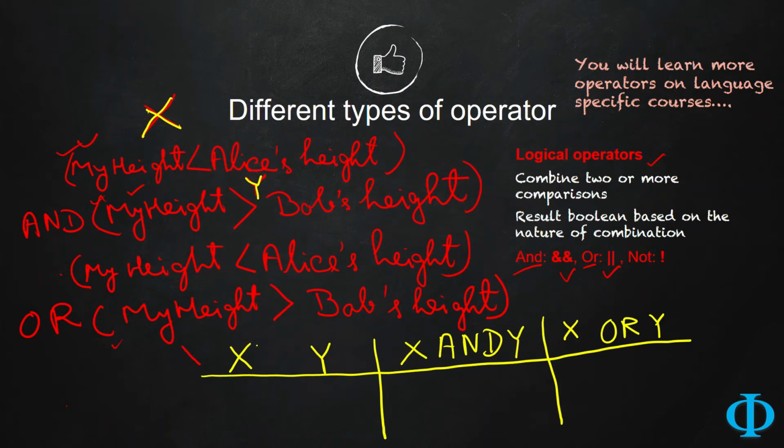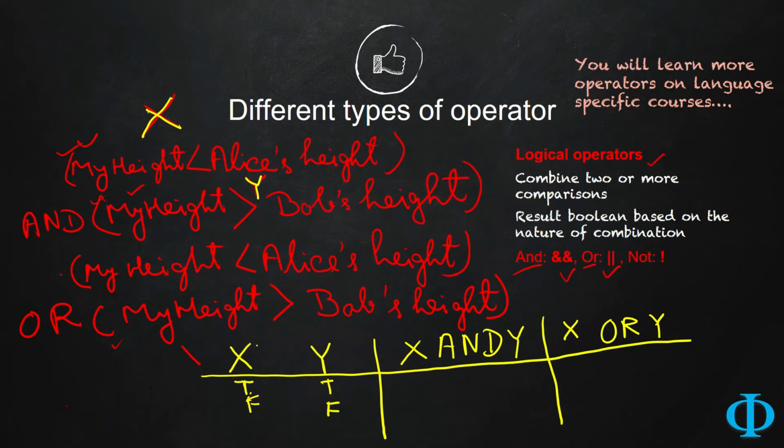Now what are the possible values of X and Y? They can be either true or false. You all know the comparison operators, right? So let's write down all the possible combinations. X can be either true or false, and Y can also be either true or false.